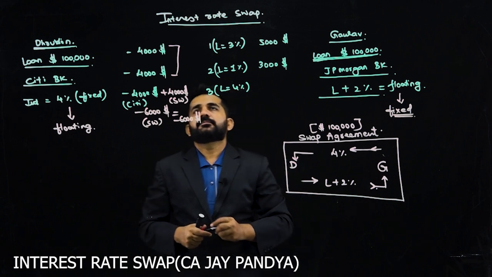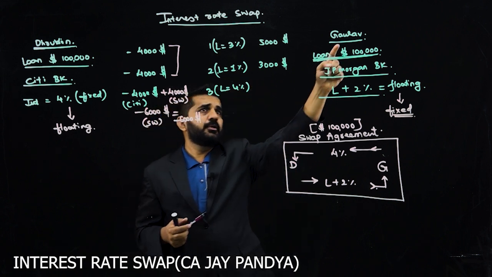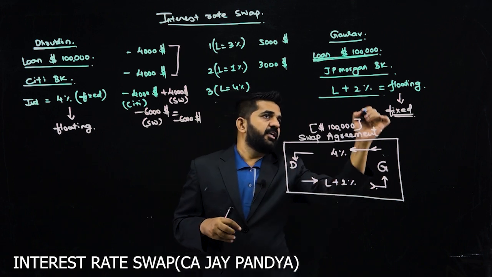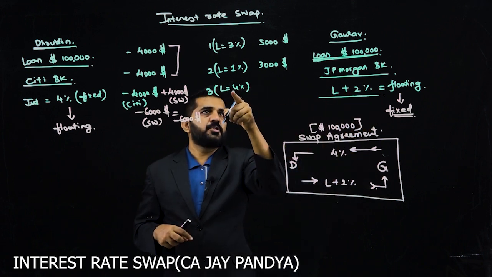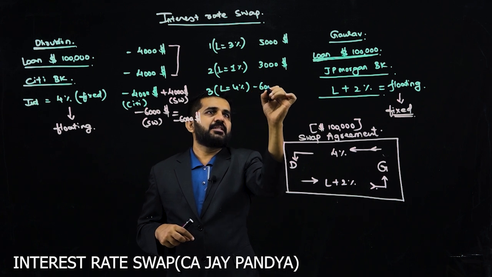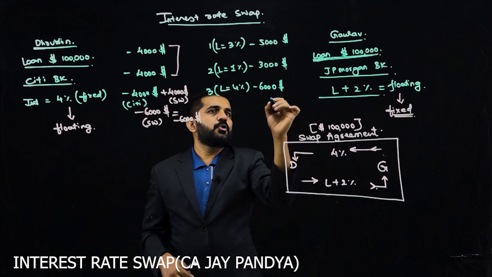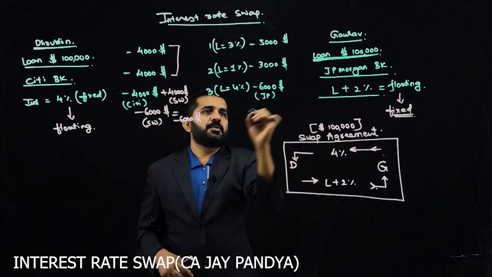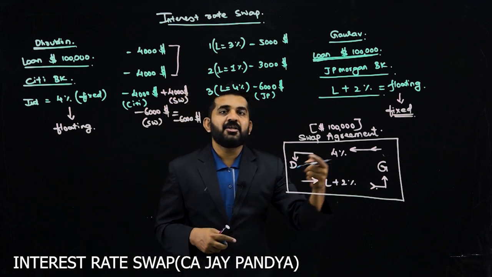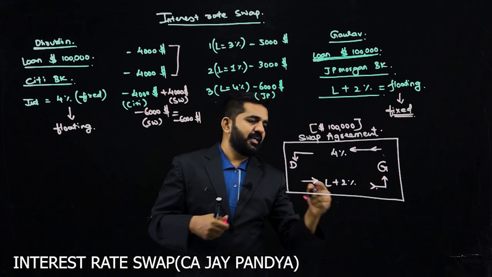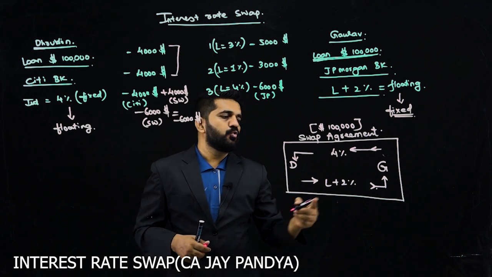See what will happen in third year for Gaurav to bank JP Morgan. He will be paying LIBOR plus 2%, that is 6%, that is nothing but $6,000. He is paying to JP Morgan. But he has entered into swap agreement. In swap agreement, what Gaurav is receiving is LIBOR plus 2%.